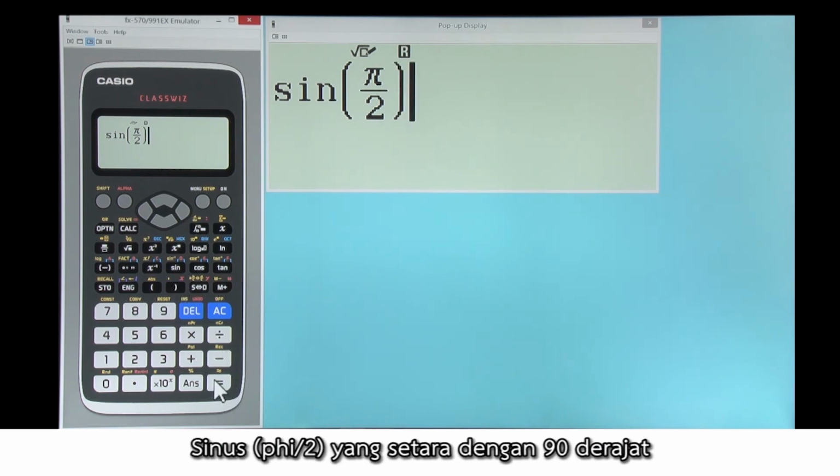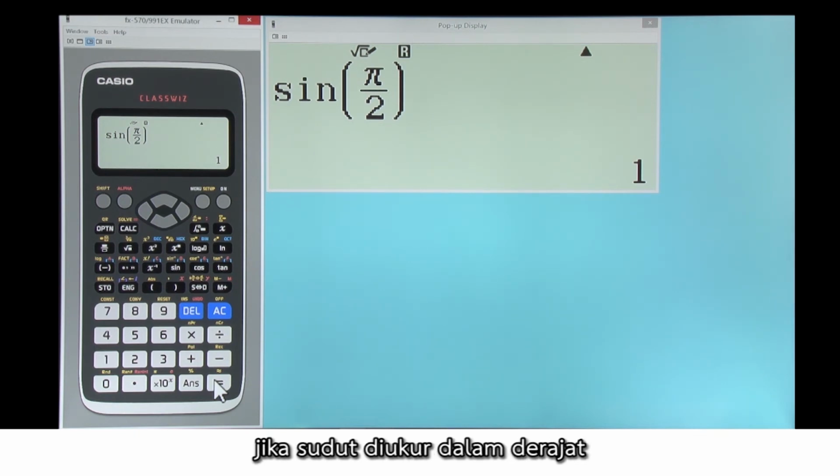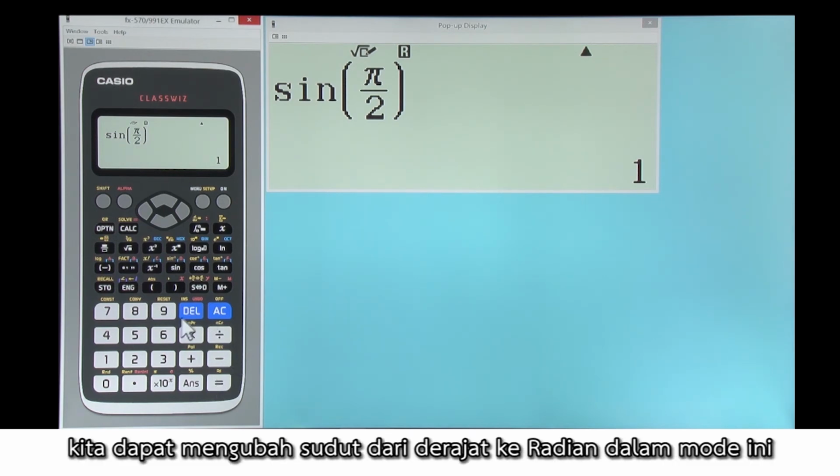Sine of pi over 2, which is the equivalent of 90 degrees, then the result will be 1, where previously the sine of pi over 2, if the angle was measured in degrees, would certainly not have been 1.